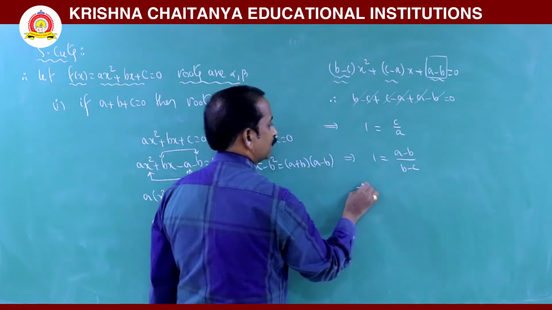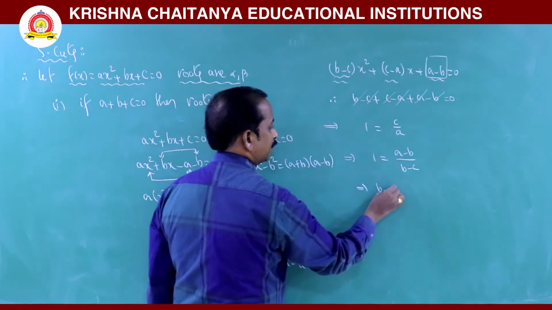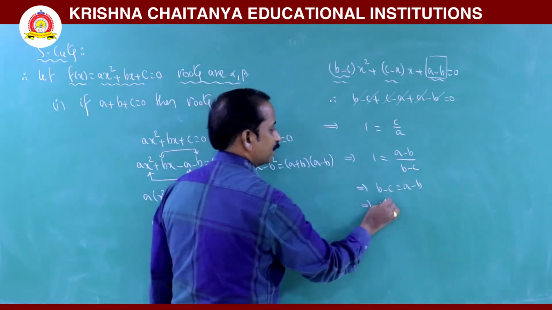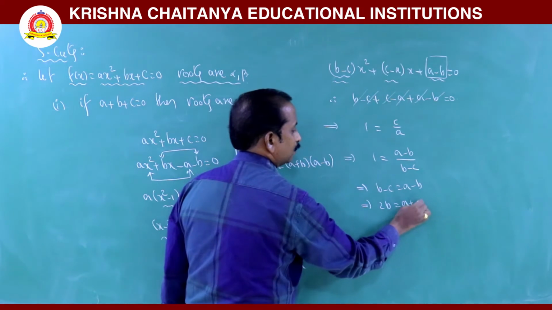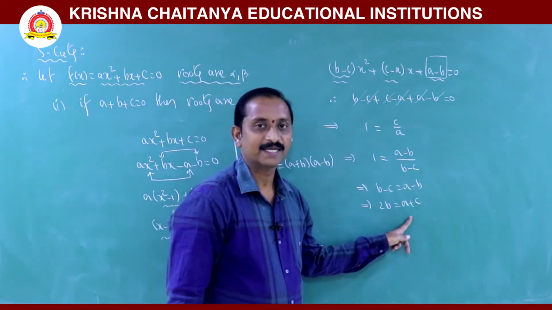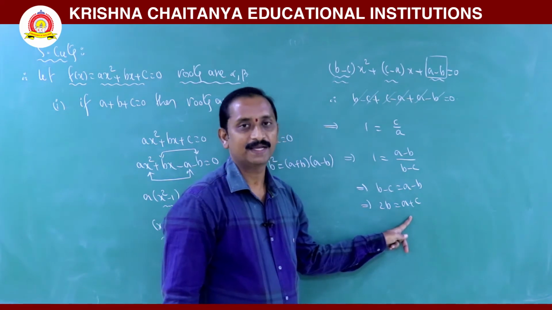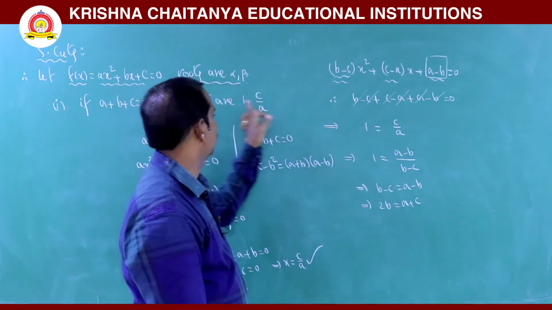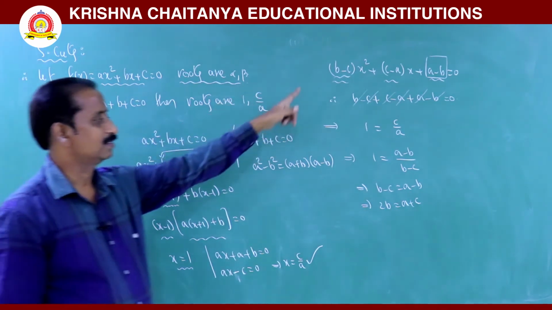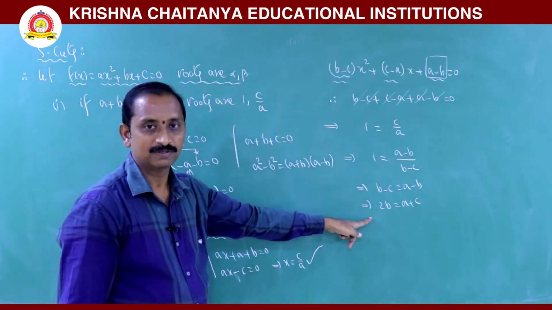So, therefore, cross multiply: b minus c is equal to a minus b. I can write from this 2b is equal to a plus c. 2b is equal to a plus c, so we know that a, b, c are in arithmetic progression. So, when a problem is given like that, the solution is very simple to work out.